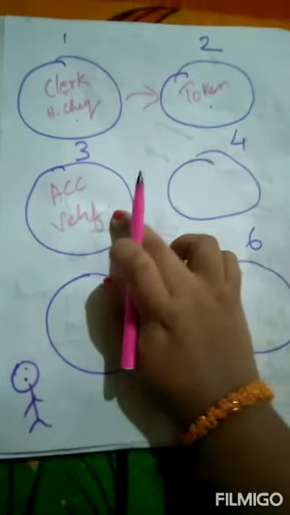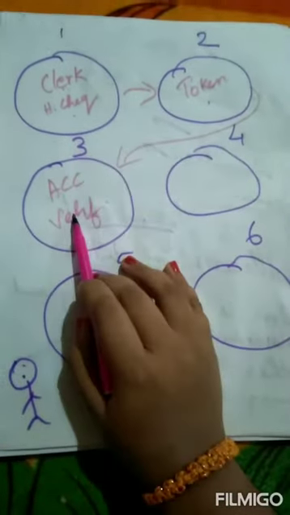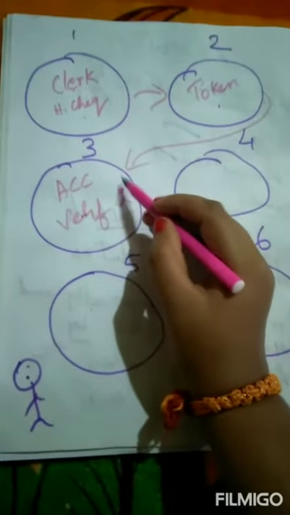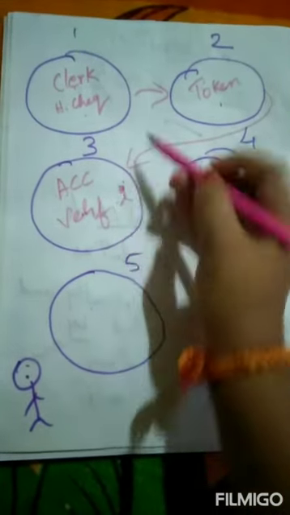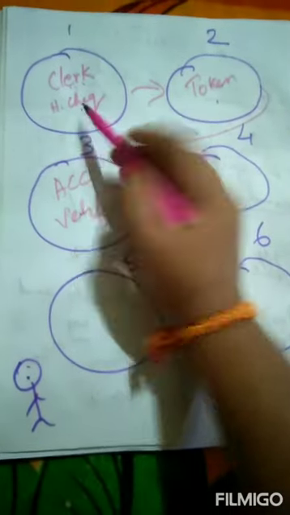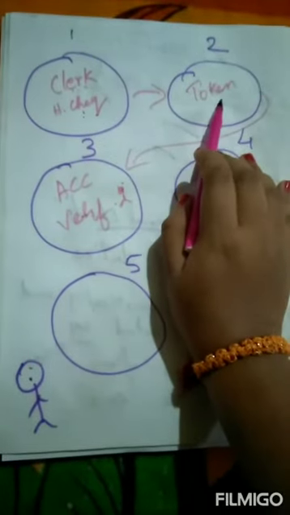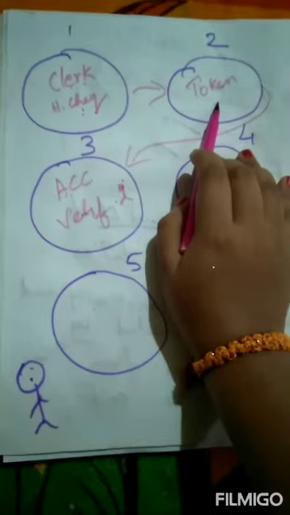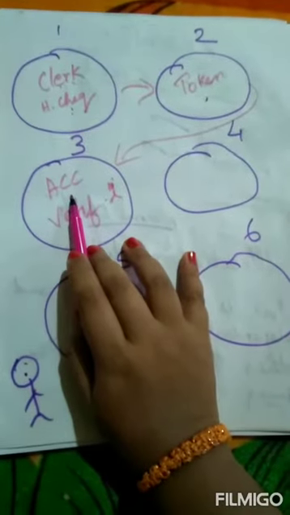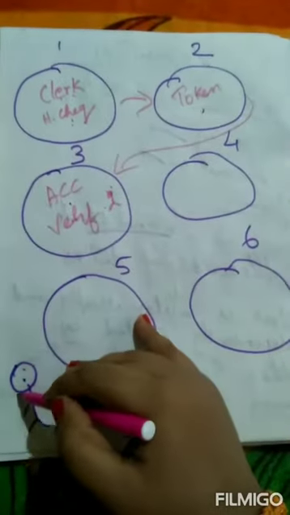So this employee should check whether the clerk has got the check of this customer, whether the next counter has given the token to the customer, and then he has to do his duty, that is to verify the account of this customer.